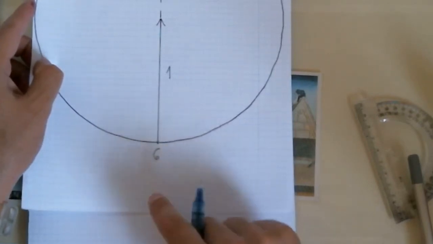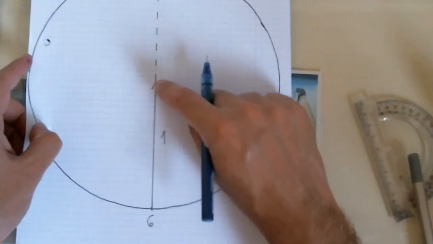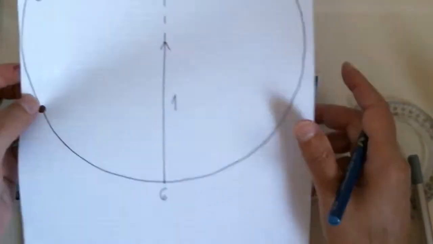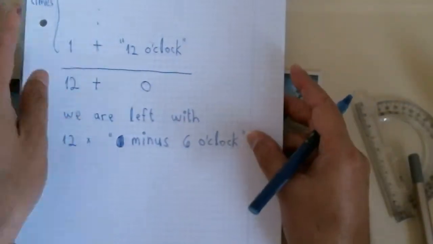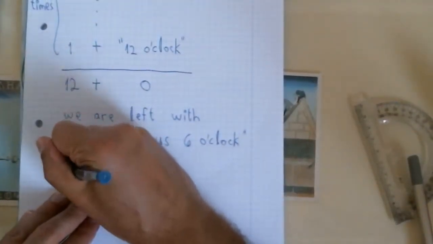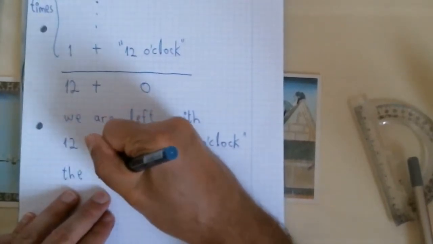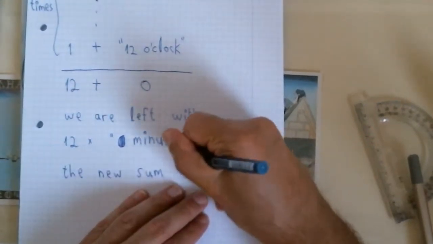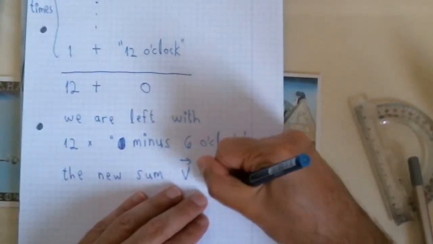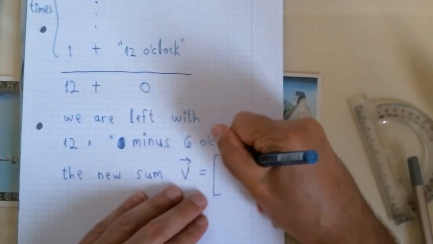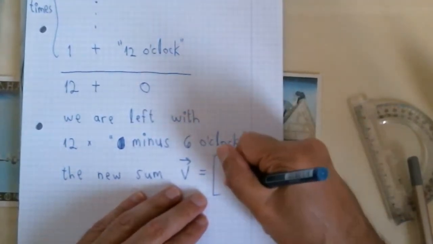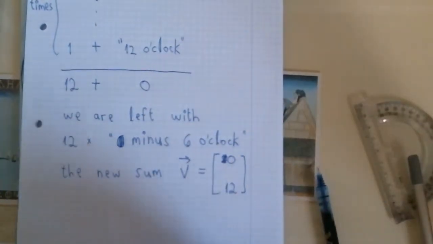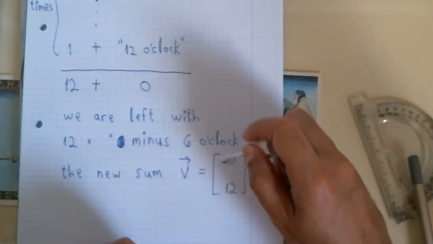This is the origin now, not the origin in the center of the circle, but this origin. It's just going upwards 12 steps. So the new sum, let's call it V, would be 12, 0, because we didn't move to the right or left, and 12.